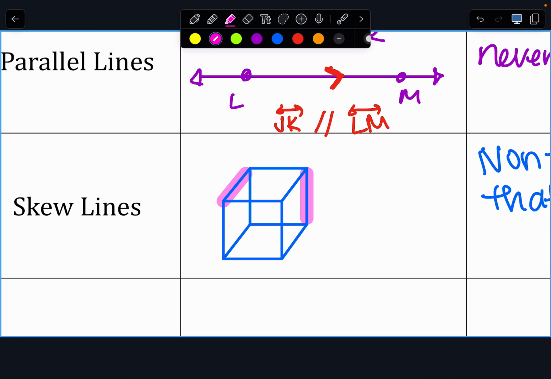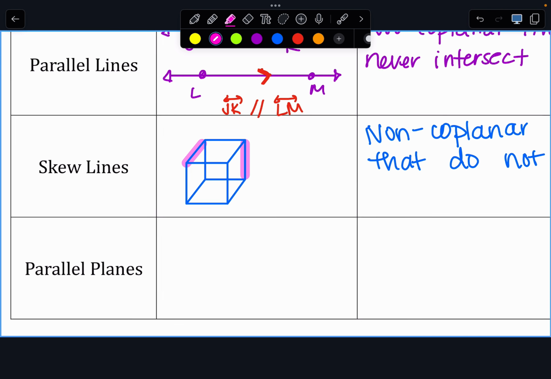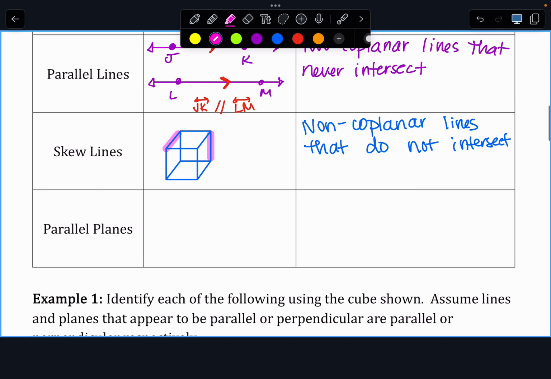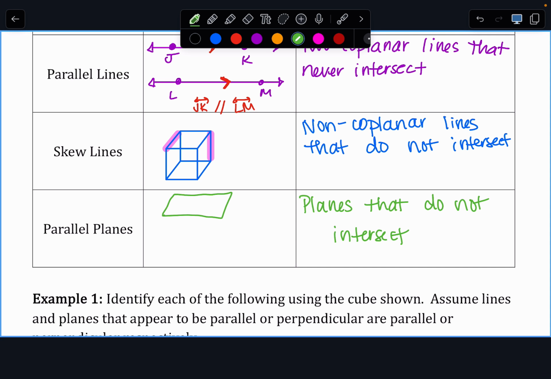All right. Parallel planes. Planes that do not intersect. These are harder to draw. I'm going to draw 2 floating pieces of paper, so 2 magic carpets.